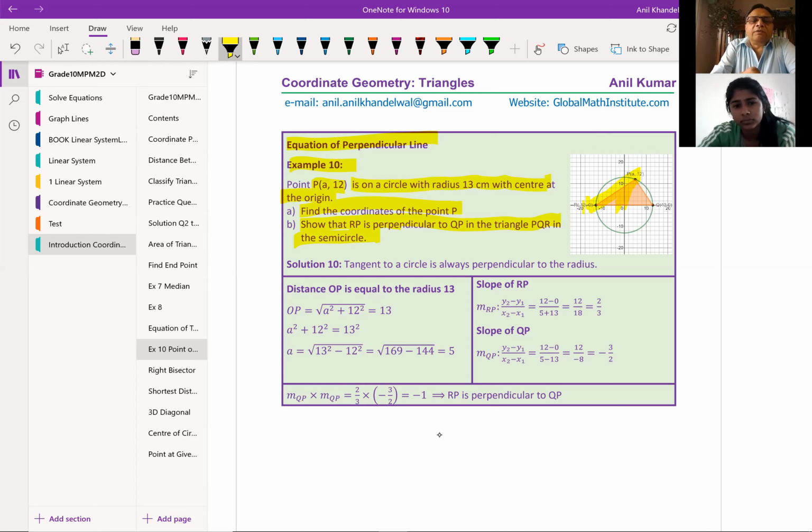So what we are saying here is point P is on the circle with radius 13 centimeters, with the center at the origin. So here at the center O, we have the center of the circle. The points given to us are Q and R, minus 13, 0 and 13, 0, right? So they are on the two sides. Since these 2 points are going through the center, they form the diameter, right?